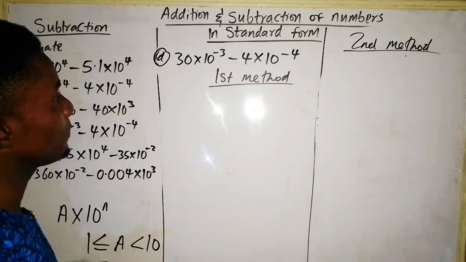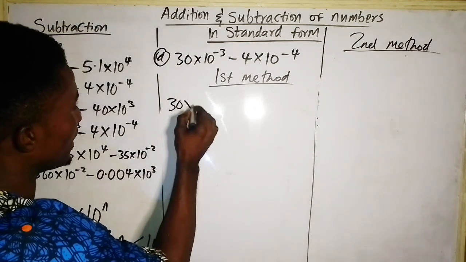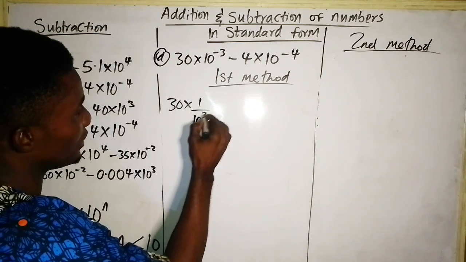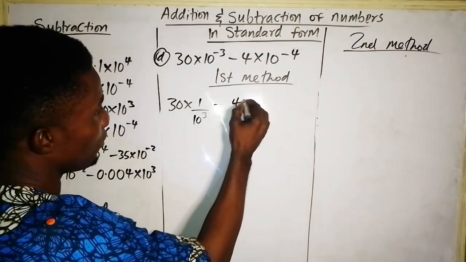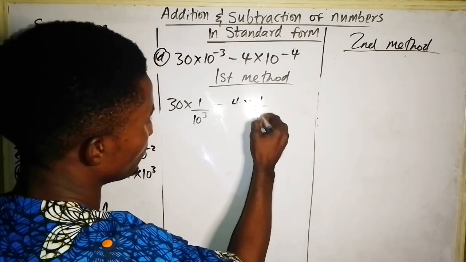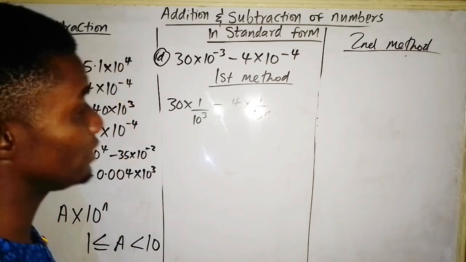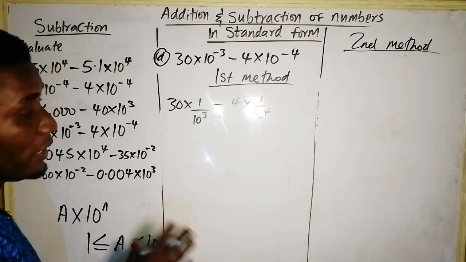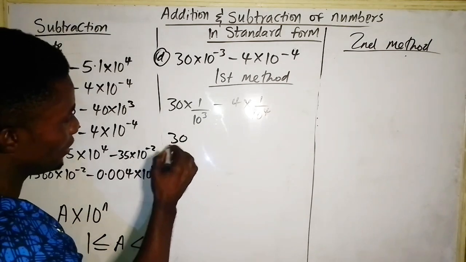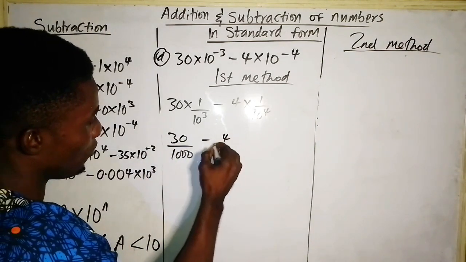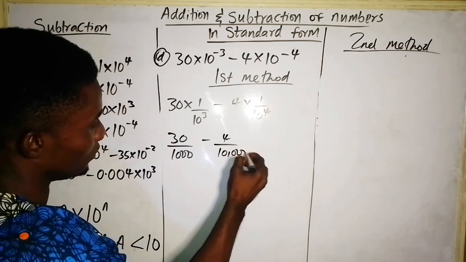So for the fourth question, we have 30 times 10 raised to the power minus 3. We can express it as 1 over 10 raised to the power 3 minus 4 times 1 over 10 raised to the power 4. So let's express this number in an ordinary form, or we expand it. So we have 30 over 1000 minus 4 over 10,000.